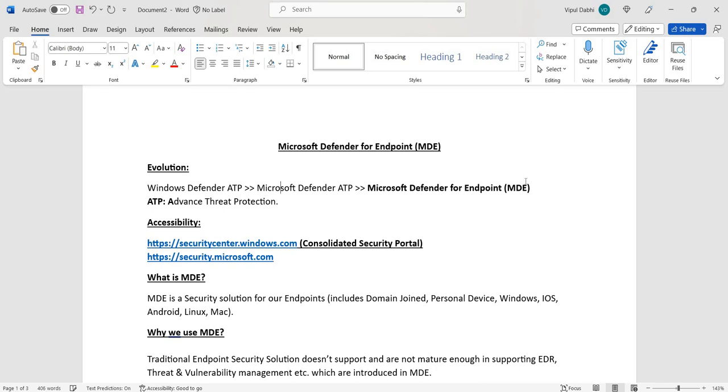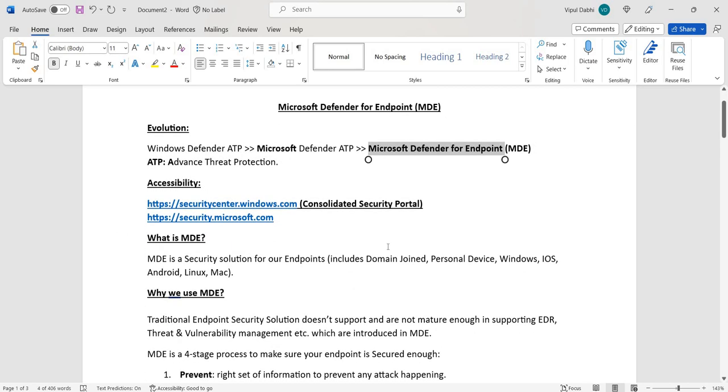Then it became Microsoft Defender ATP, as most of Microsoft's solutions were brought under the Microsoft umbrella, and eventually they changed it to Microsoft Defender for Endpoint, or MDE.